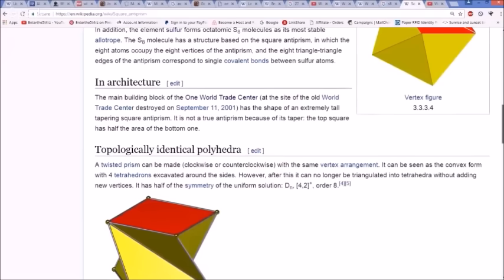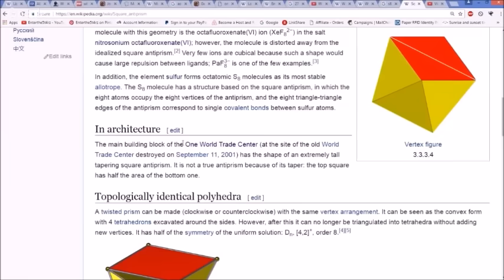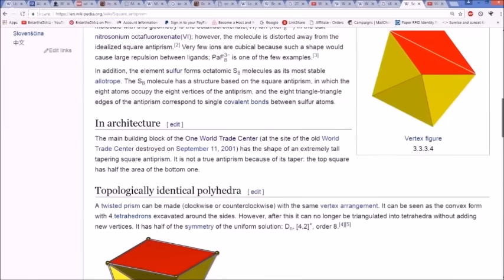Says right here, the main building block of One World Trade Center is the antiprism. It's called the square antiprism to be more exact.